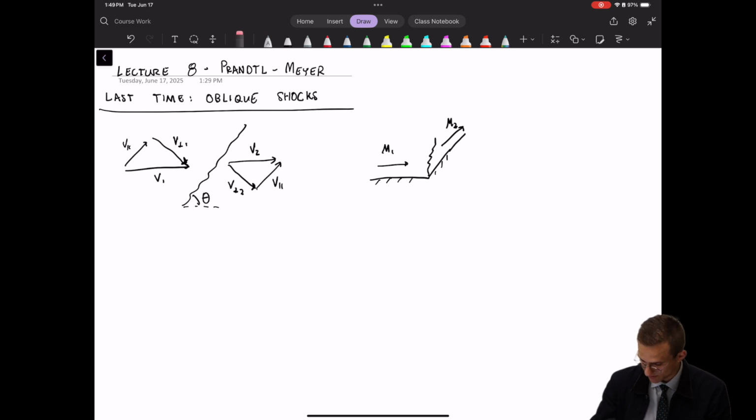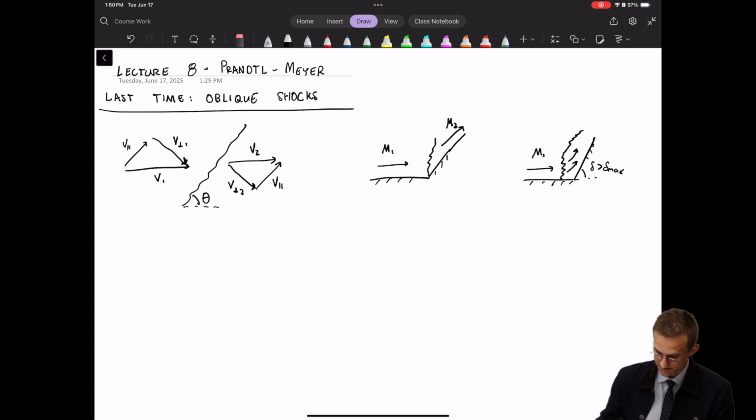And how when we have a really high required change in direction, where this deflection angle is greater than delta max for a given incoming Mach number M1, in that case you have a detached shock and then subsonic flow downstream of that detached shock.